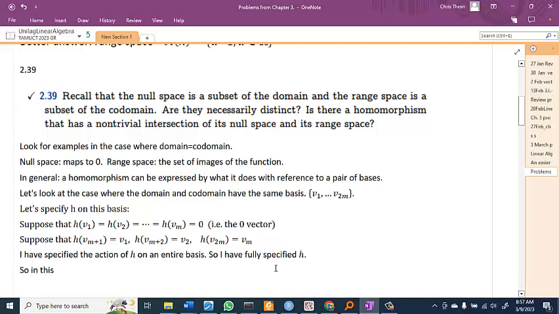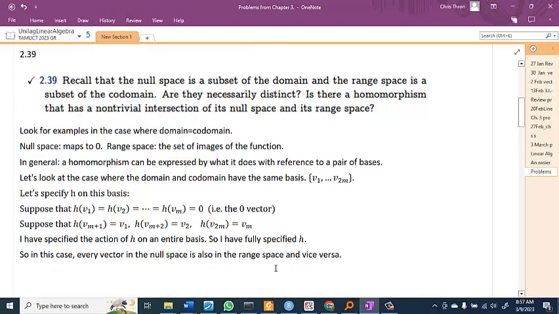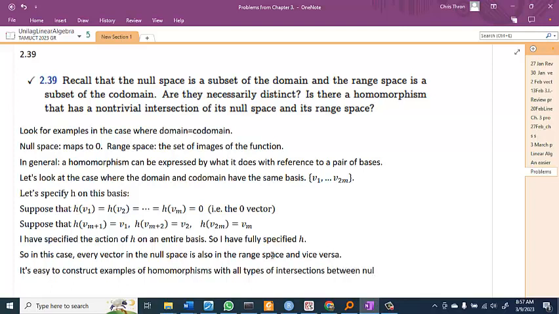In this case, every vector in the null space is also in the range space, and vice versa. So it's easy to construct examples of homomorphisms with all types of intersections between null space and range space.